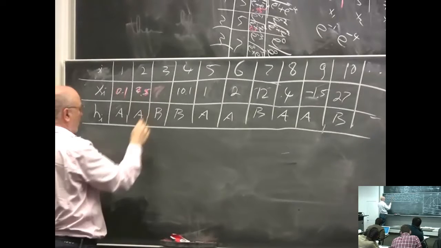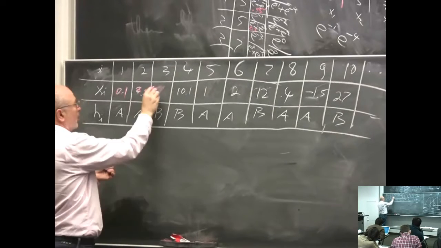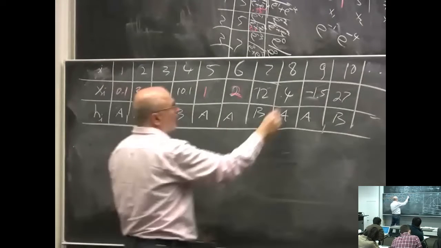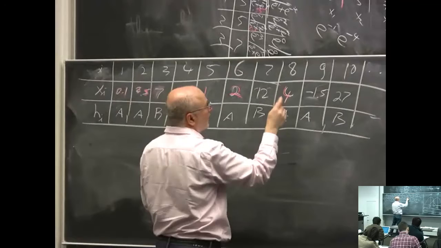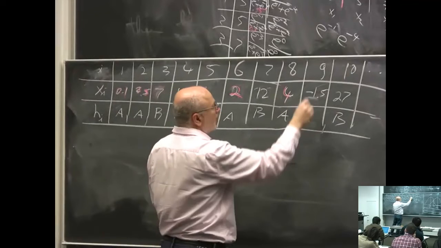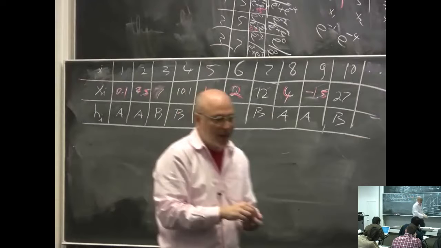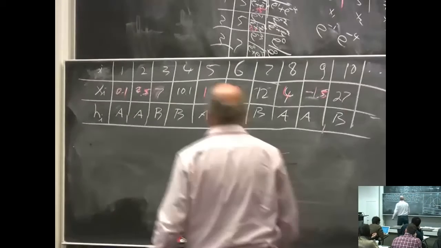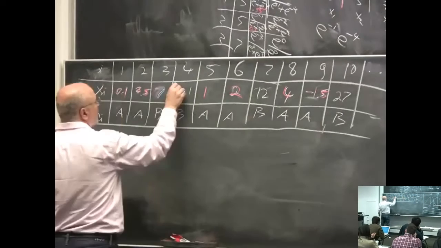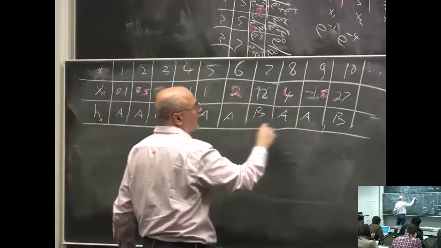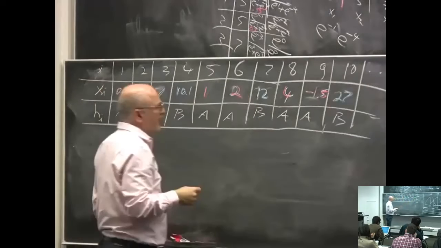Sorry, it's not red. 1, 2, 4, and negative 1.5. And I take all the points that came from B and I color them blue. 7, 10.1, 12, 27.